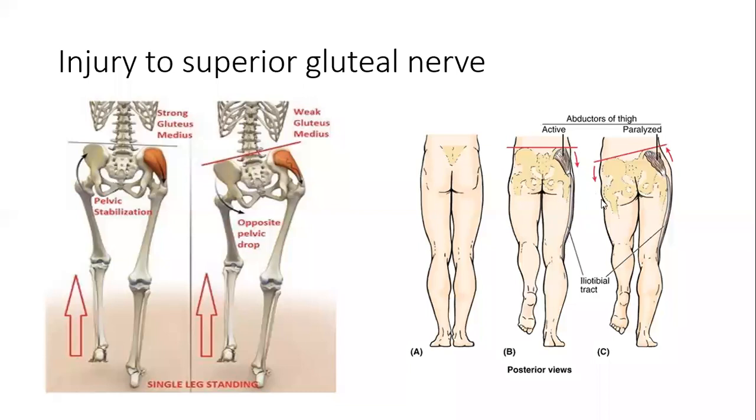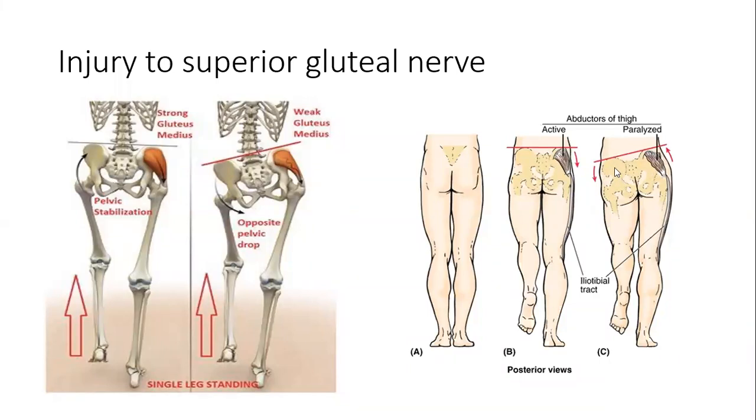So here in this diagram on the right, you can also see that the patient while walking is having his or her left side of the pelvis sinking down because of the paralysis due to the injury to superior gluteal nerve, paralysis of gluteus medius as well as minimus on the right side. Similar is the case with the left side.